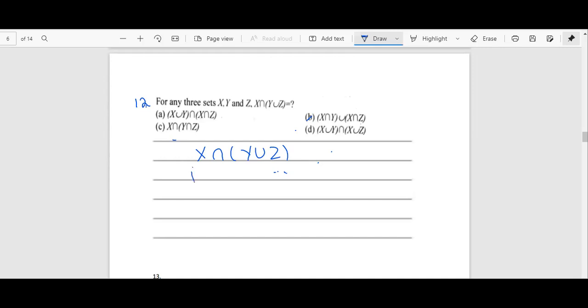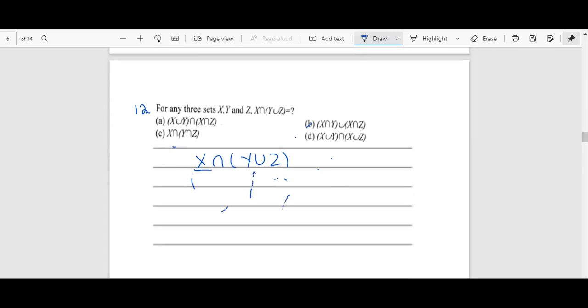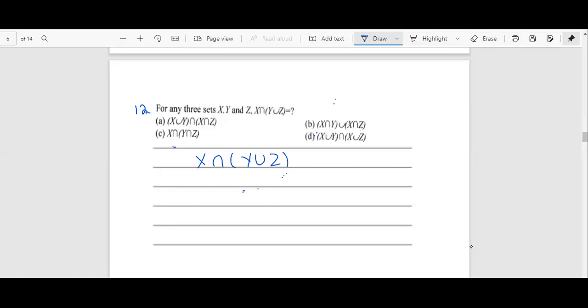And then we have X intersection Y union Z. So if we think of it as two sets which are being intersected, we are going to get this as our answer.